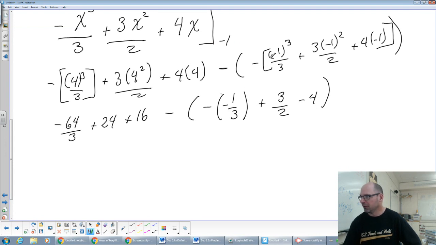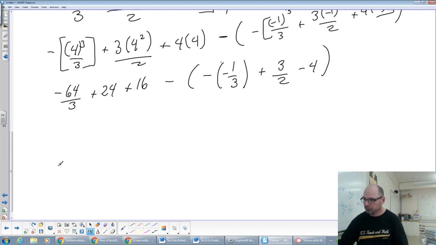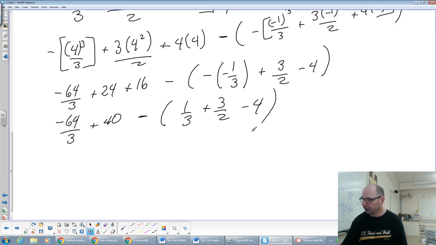So this should actually be -1/3, and then when I do the negative here, this is going to become a positive. So this is going to become, as we move down, -64 over 3. This is going to be plus 40. Minus, okay, so this would be 1/3 plus 3/2 minus 4.